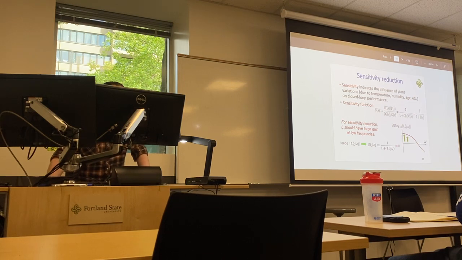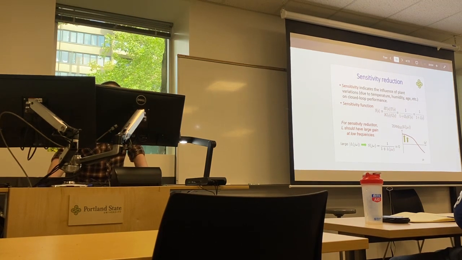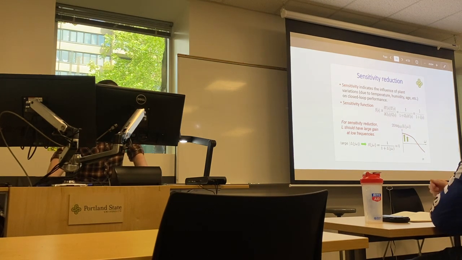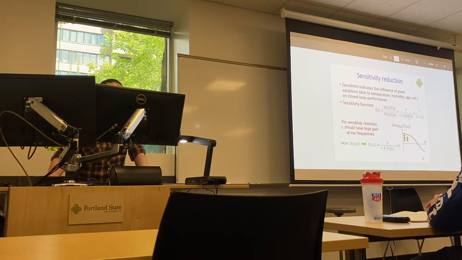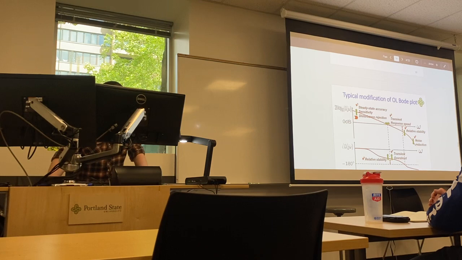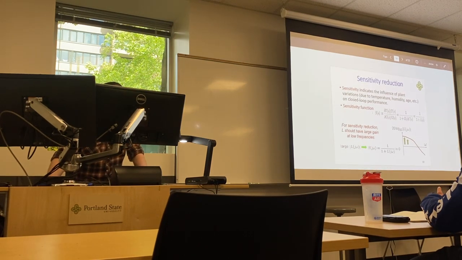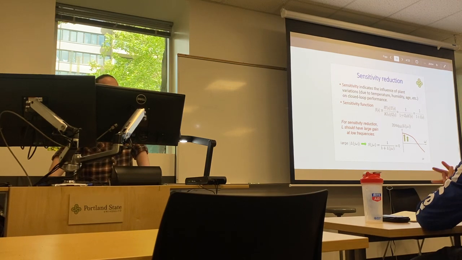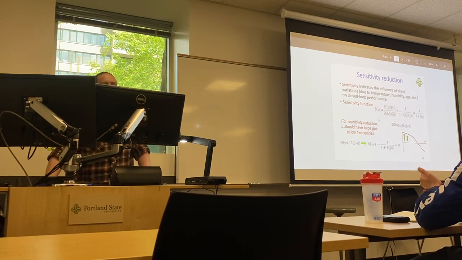Here we have a sensitivity function, the partial derivative, and we end up with 1 over the loop gain, L of s. We're switching between L and T. For sensitivity reduction, L should have large gain at low frequencies, which relates also to our steady state accuracy. Disturbance rejection, having large gain at low frequencies, is helpful for reducing the sensitivity.